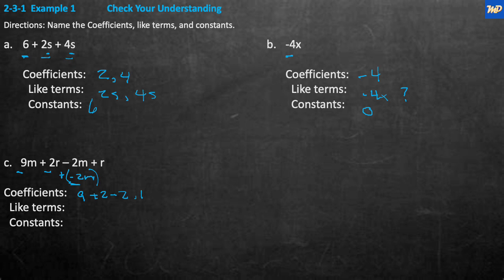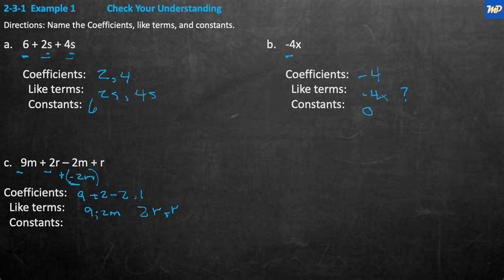The like terms, well, we have 9m and a 2m, or I could say -2m. That's a set of like terms. And another set of like terms is the 2r and the r. Those are like terms.